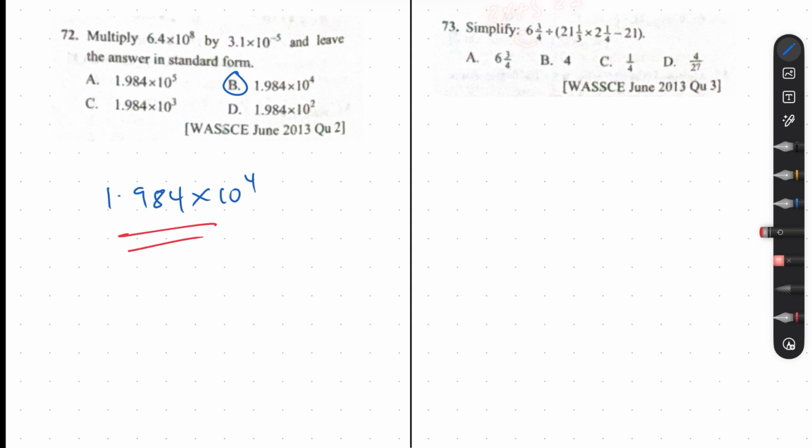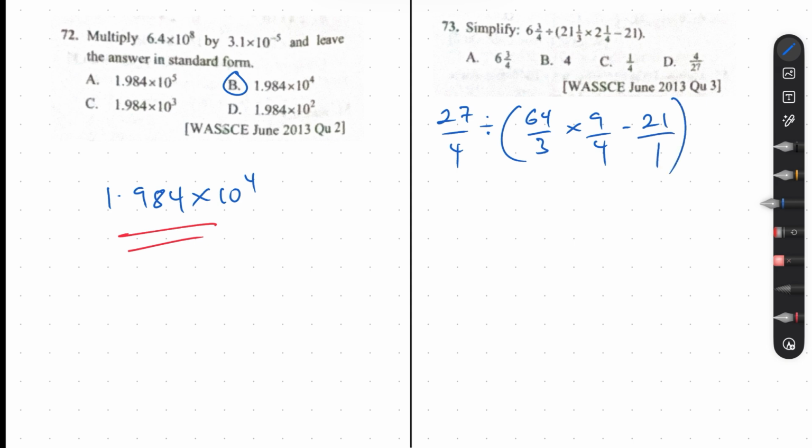So we have 27 over 4 divided by 64 over 3 times 9 over 4 minus 21. Okay, 21 is the same as 21 over 1.